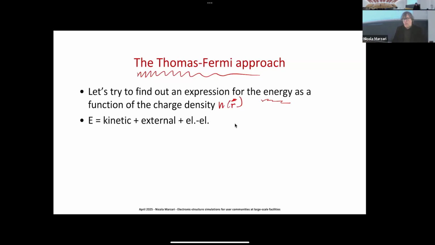So if n of r is the charge density, so at every point I have an average number of electrons, can I write a function or a functional of that charge density?